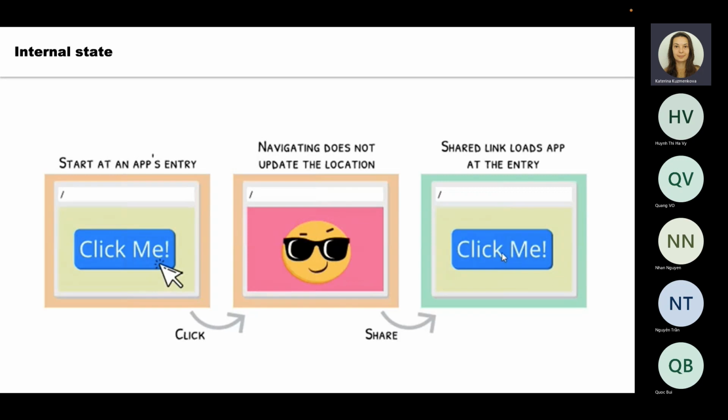That's why we will talk about the internal state. Single page application can use state from external sources, for example, URL location, or track state internally.